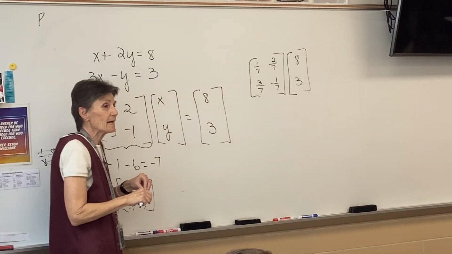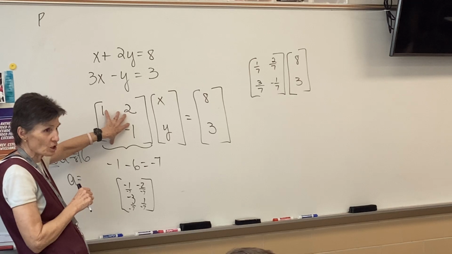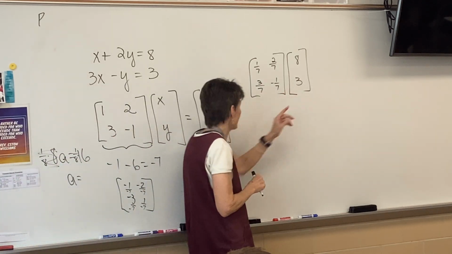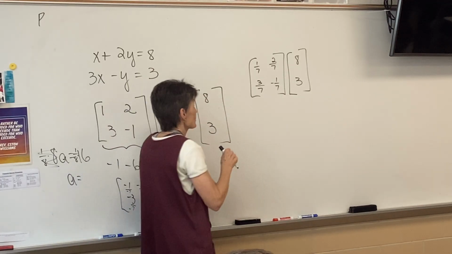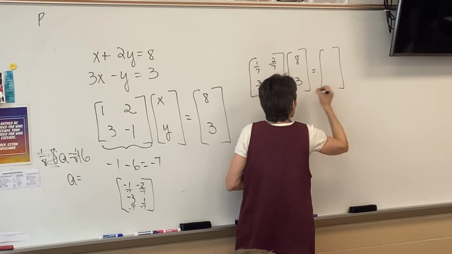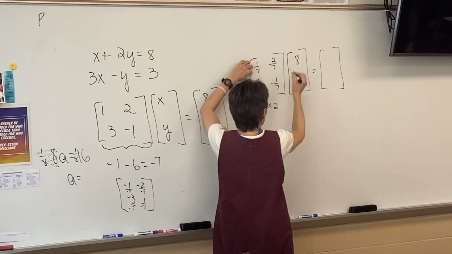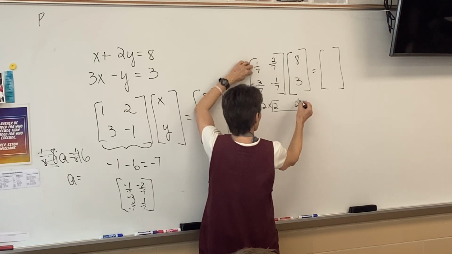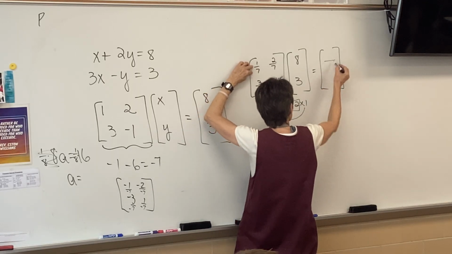To get your answer, find the inverse of the coefficients and multiply it times your numbers, 8/3. We practiced this yesterday. How do we multiply? This is a 2 by 2 and this is a 2 by 1. I can multiply them, and the answer will be another 2 by 1.